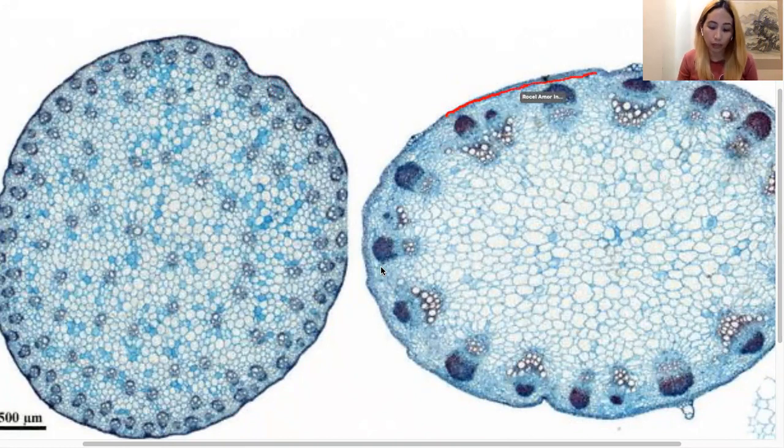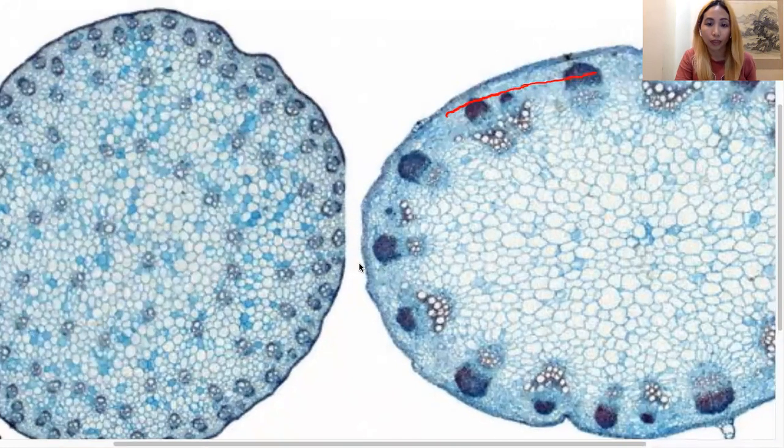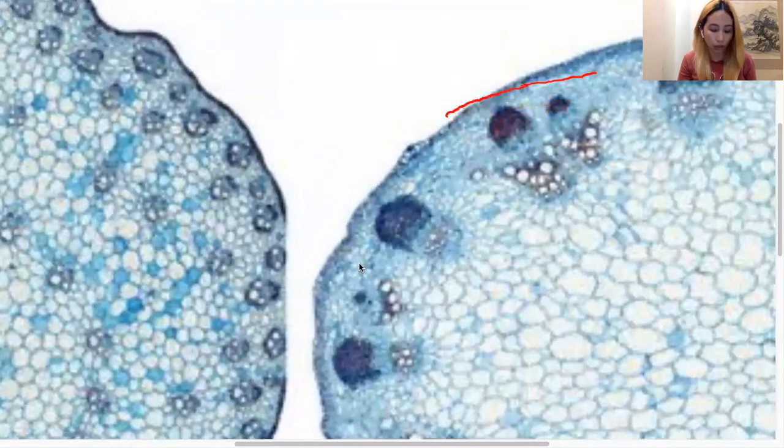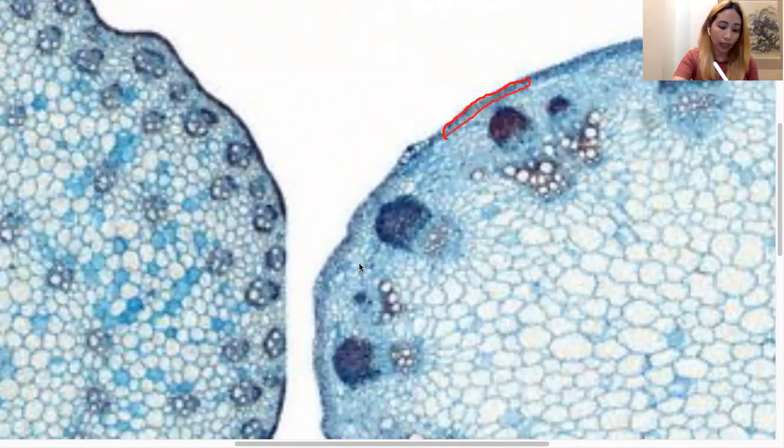Now, dahil photo ito, pag nag-zoom in tayo, hindi nyo masyadong makikita yung separate cells. But that particular layer is the epidermis of this dicot plant, and this particular layer, the dark one, is the epidermis of this monocot plant.